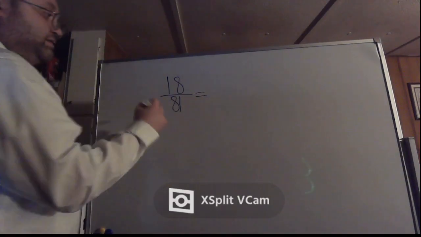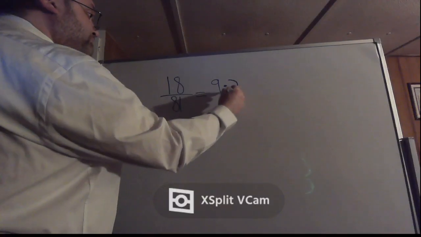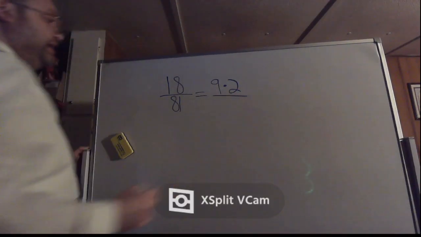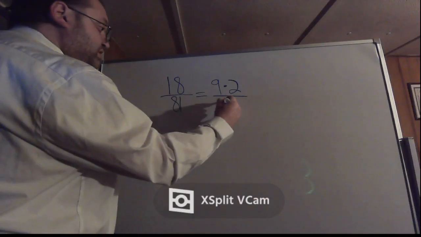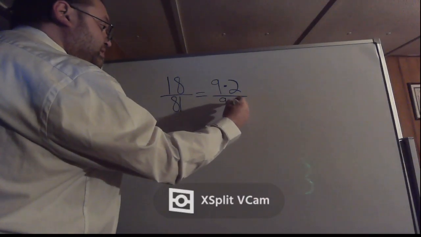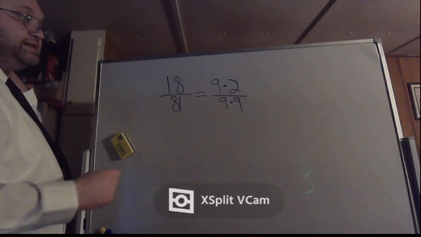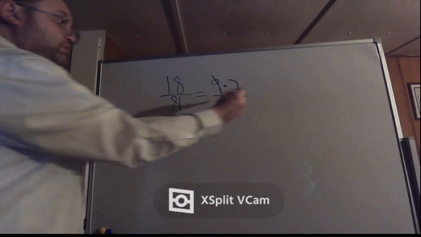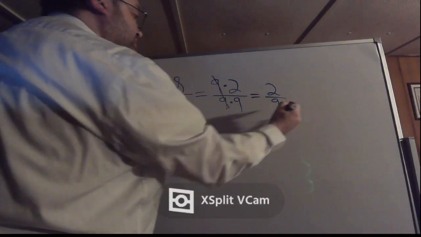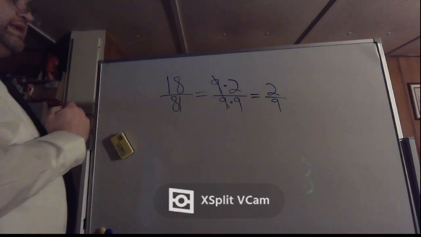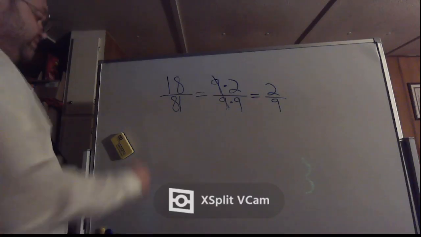So 18, you have 9 times 2. 81, factors of 9 for 81, well, it's going to be 9 times 9. And then since you have a common 9 in both the numerator and denominator, that'll cancel out. You're going to be left with 2/9. And that would be your answer. You cannot reduce 2/9 any further.